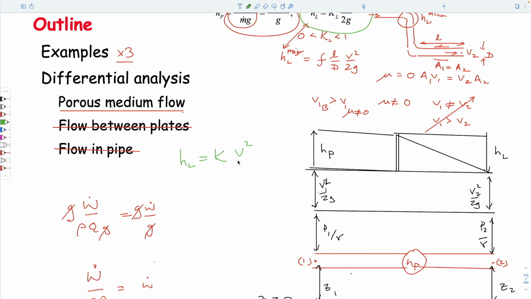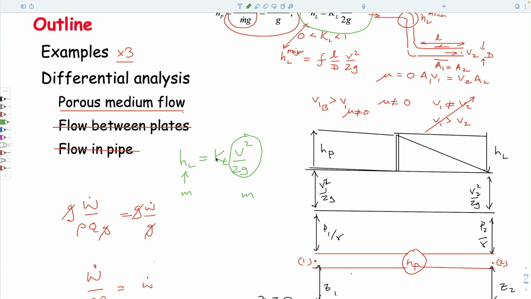It scales with the velocity in the pipe divided by 2G. We know that the units of this, because of Bernoulli, have to be units of meters. And so this is just a scaling constant. It's a constant loss, basically. If it's a big number, it's a big loss. If it's 0, it's no loss.